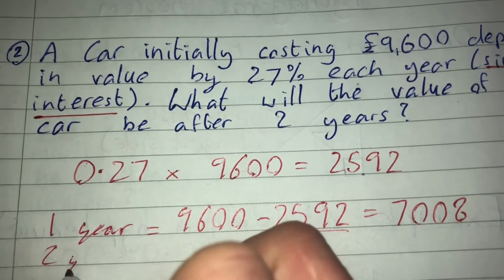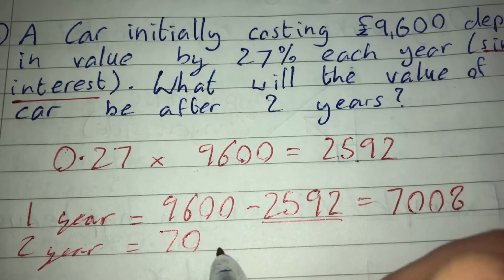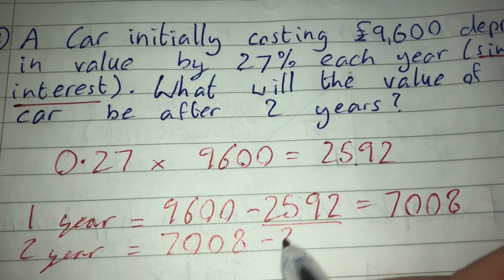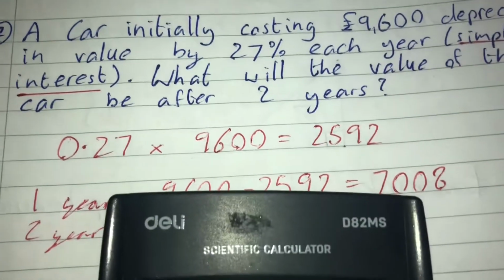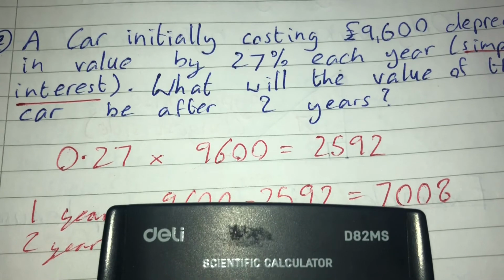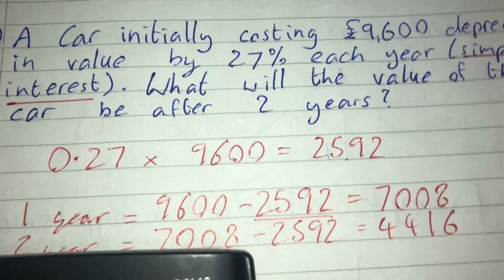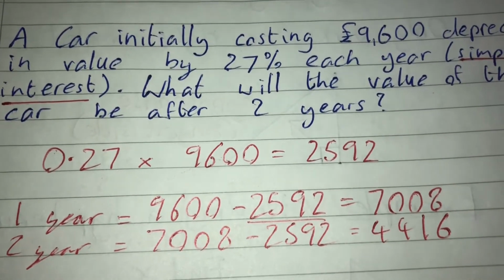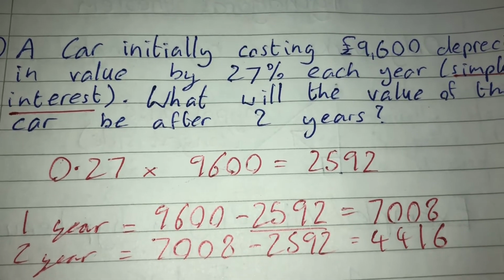So after the second year, we're taking the previous year's amount and doing 2,592 away from it, which is 4,416. Okay, so £4,416 will be the value of the car after 2 years.